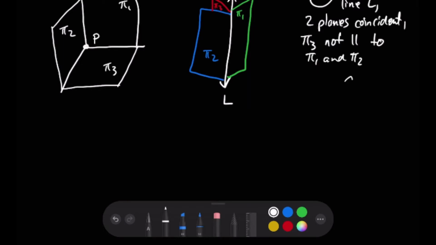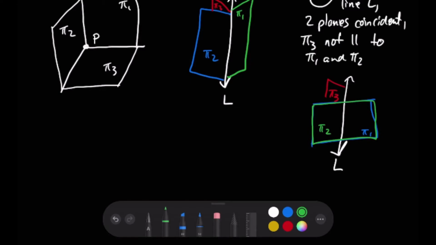So let's take a look at that. So I'm going to have my line L. We'll have our plane 3 just hanging out here. And my plane 1 and 2. So plane 1 and plane 2 is right on top of it, coincident.